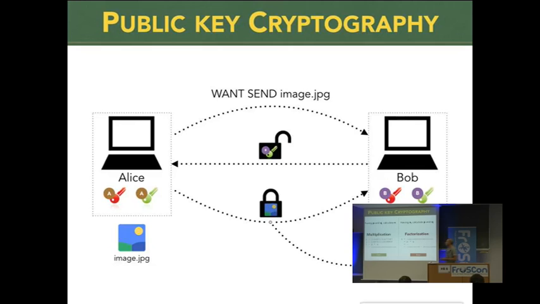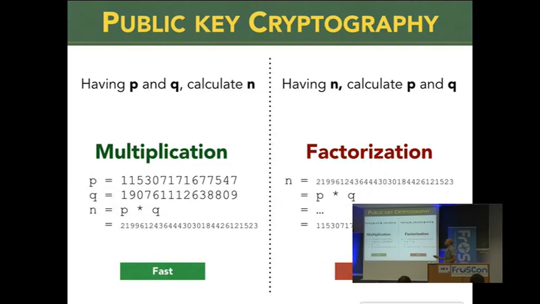So this is the factorization problem. For example, if we have P and Q and we want to calculate N, N is a multiplication of P and Q. Even if we use big numbers, for a computer it's really easy and really fast.